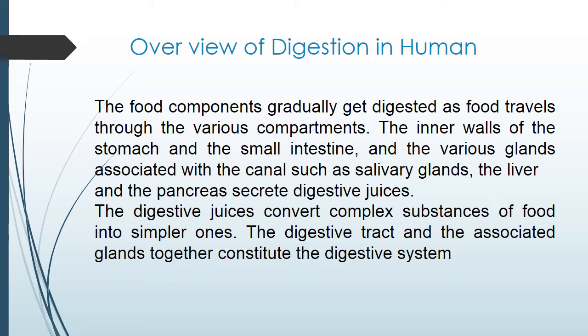The inner wall of the stomach and the small intestine and the various glands associated with the canal, such as salivary glands, the liver and the pancreas, secrete digestive juices. The digestive juices convert complex substances of food into simpler ones. The digestive tract and the associated glands together constitute the digestive system. I am explaining it.